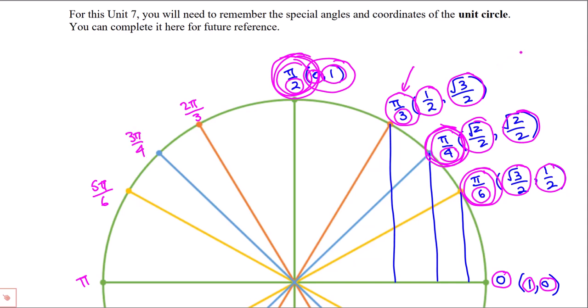And you use the same numbers as these, except you have to change the positive and negativeness because you're now in the second quadrant. So then in the second quadrant, the x's are going to be negative, but the y's stay positive. You could use that same thinking to fill in the other 2. You can do this now for practice or move on.